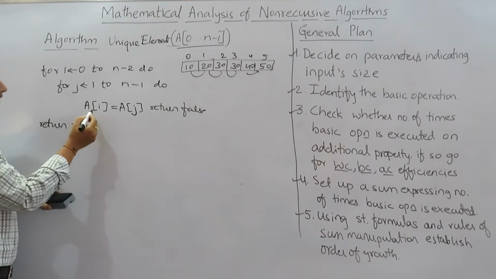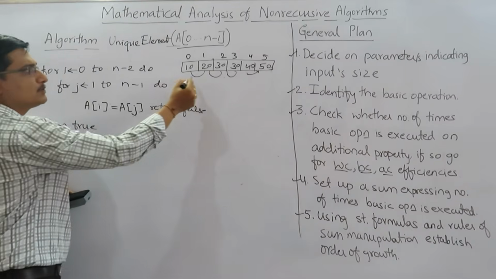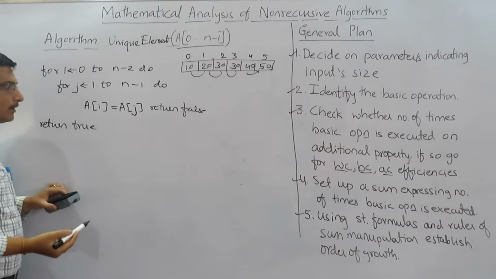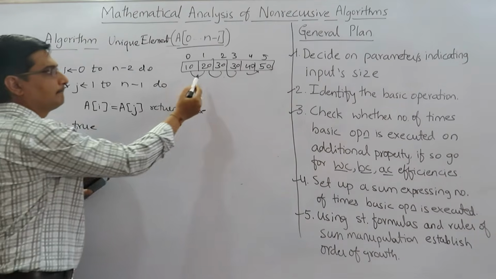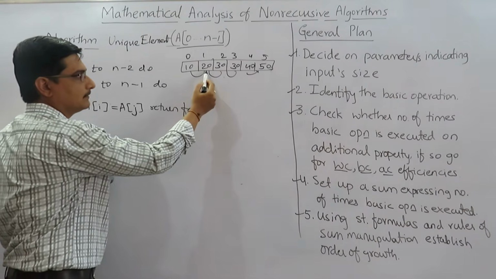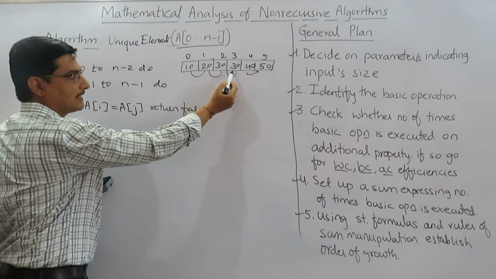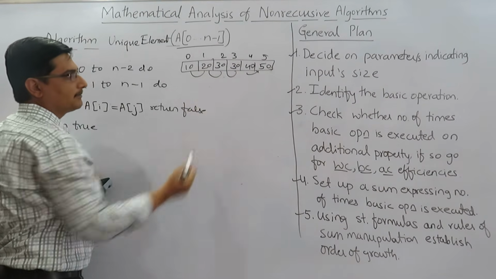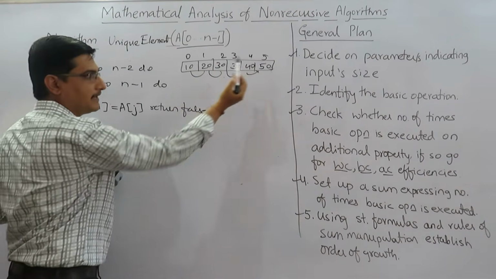So a of 0 and a of 1, j is 1 initially. Are these two equal? No, they are not equal. Again, j will be incremented. That is, 10 and 30 are compared. Again, j is incremented, 10 and 40 are compared. Again, j is incremented, 10 and 50 are compared.